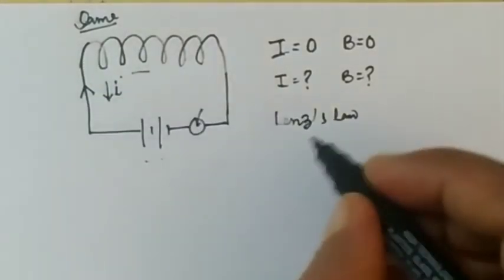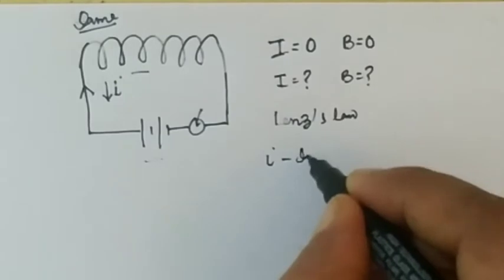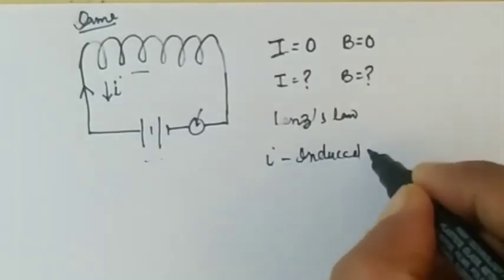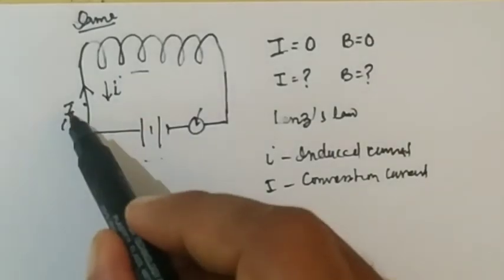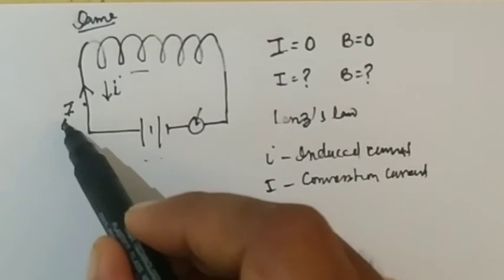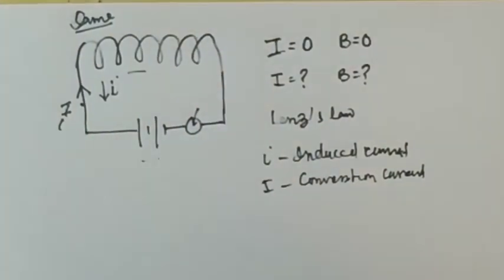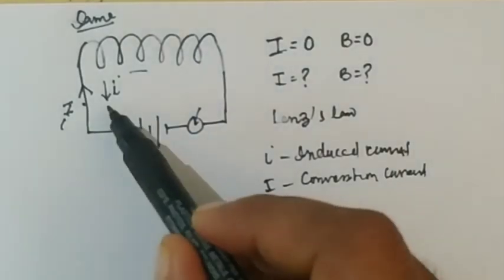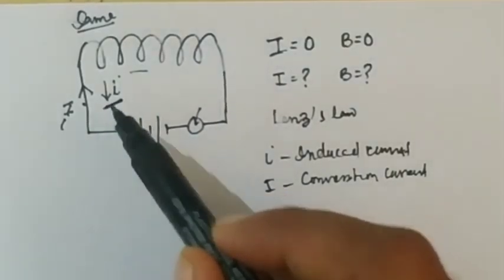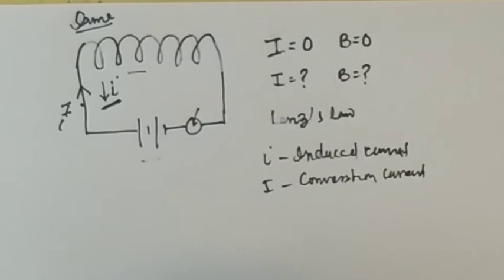So here small i is our induced current. This capital I, the conventional current, will not increase instantly because of this induced EMF and induced current. The current increases slowly.